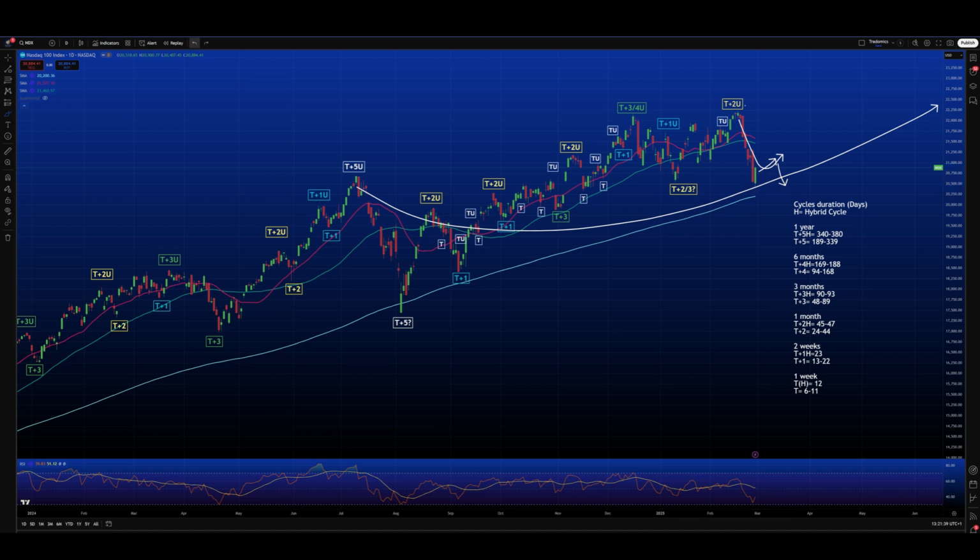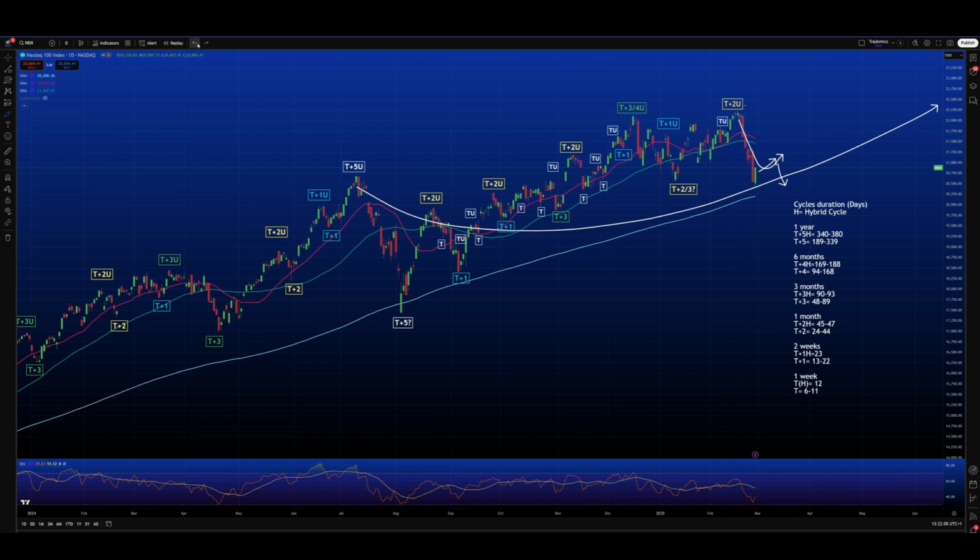But if next week we see a push to the upside, then a retracement that will not go lower than this low, and then we prosecute the trend to the upside, then from here we can have a T+2, a T+3.